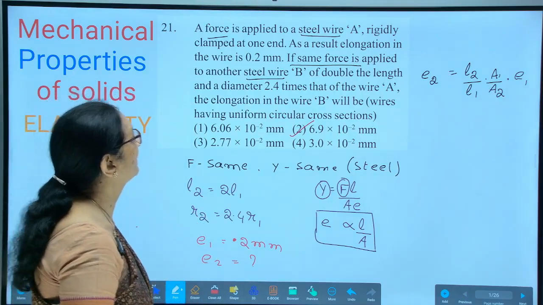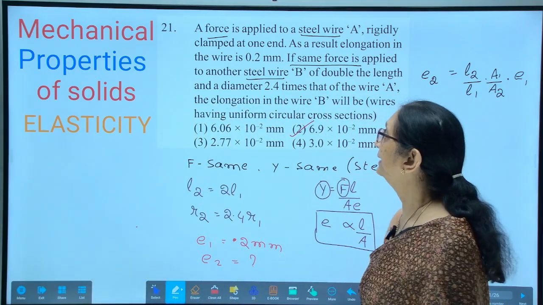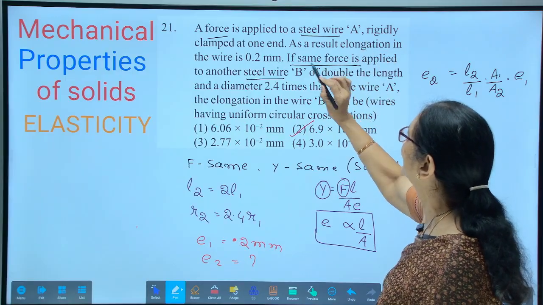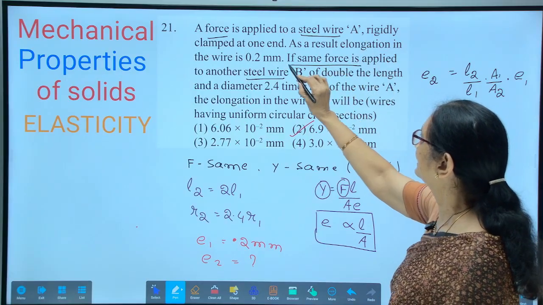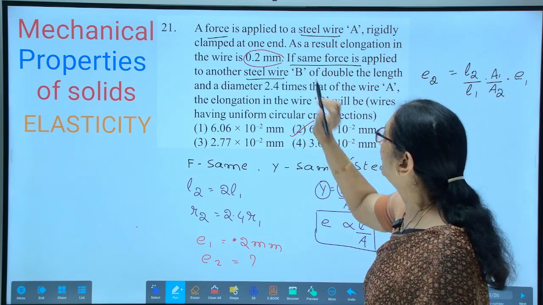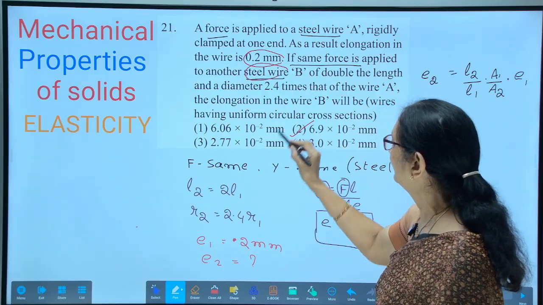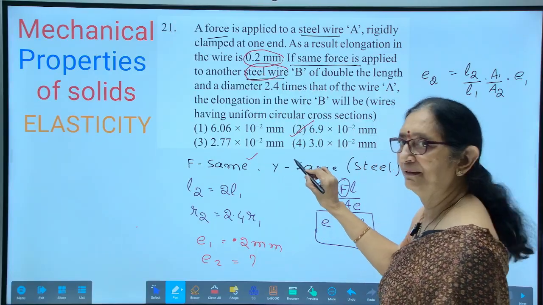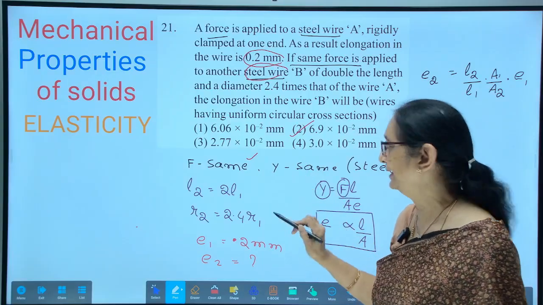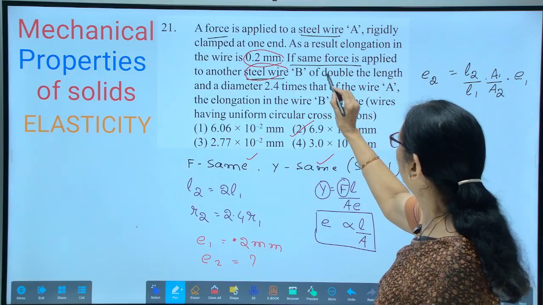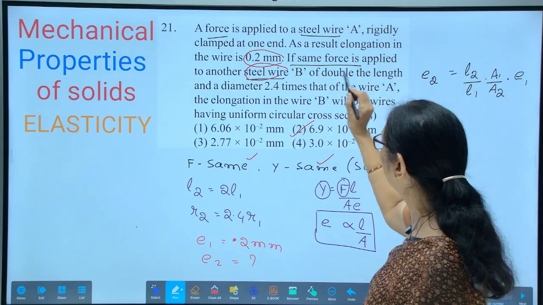Read that problem. A force is applied to a steel wire A rigidly clamped at one end. As a result, elongation is given as 0.2 mm. If the same force is applied on a steel wire B, the force is the same and both wires are made of steel, that means Young's modulus is the same, and B has double the length.